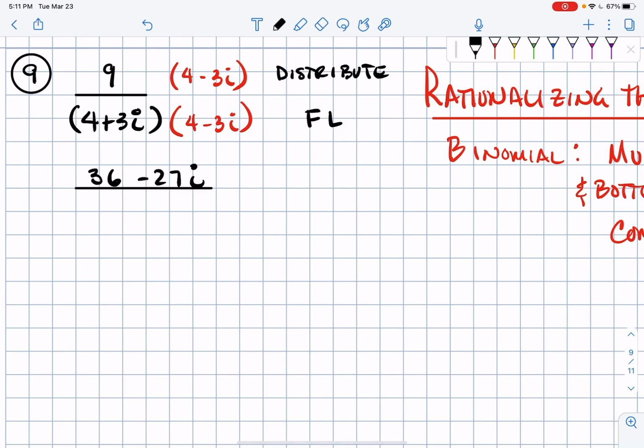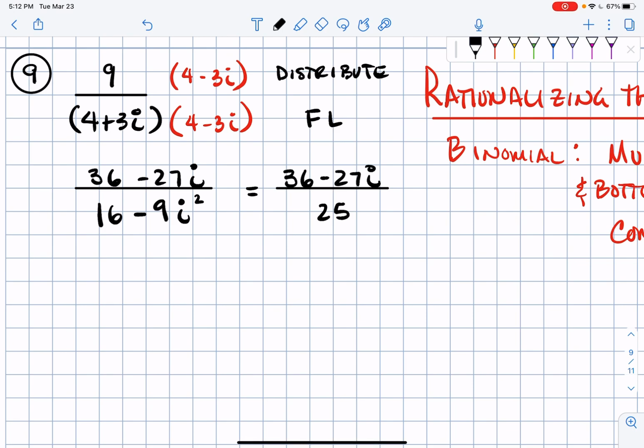The bottom is going to be 16 minus 9i squared, and i squared is a negative 1. So negative 1 times a negative 9 is going to be a positive 9.